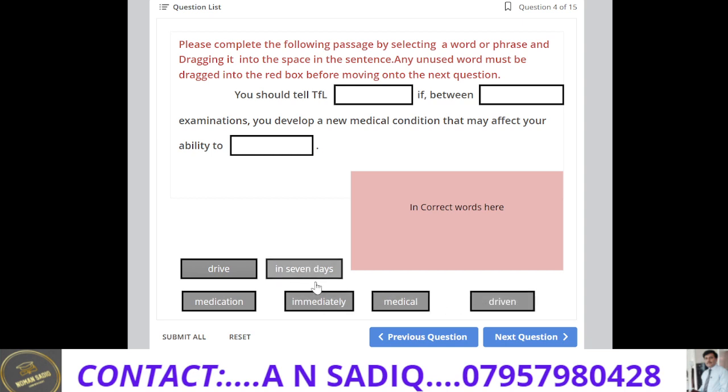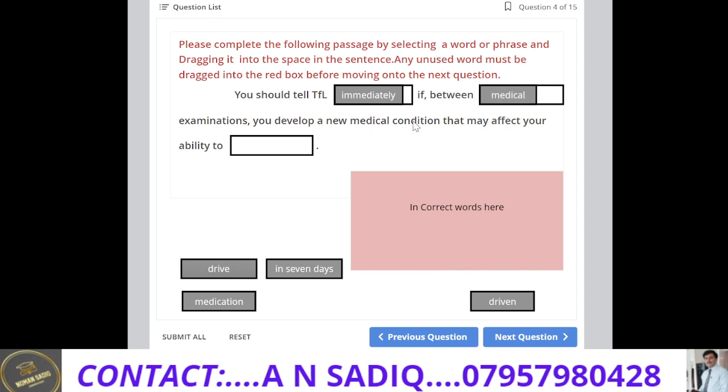So between these two you have to choose. So you should tell TFL immediately. So this should be the answer. So if between medical or medication, the appropriate word will be medical, not medication, because medical examinations will be appropriate, not medication examination. So you will put medical here.